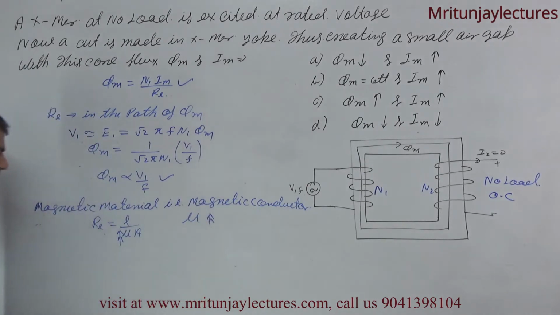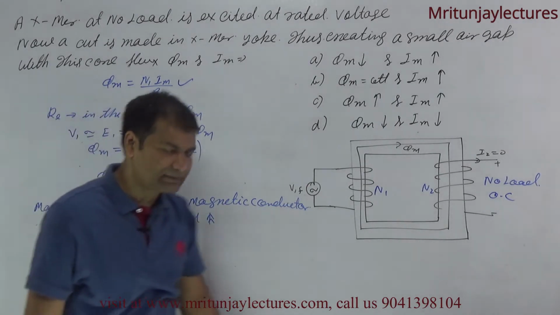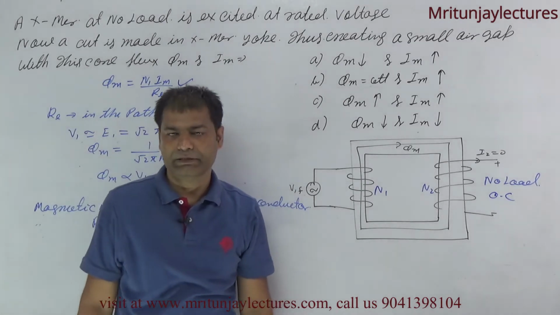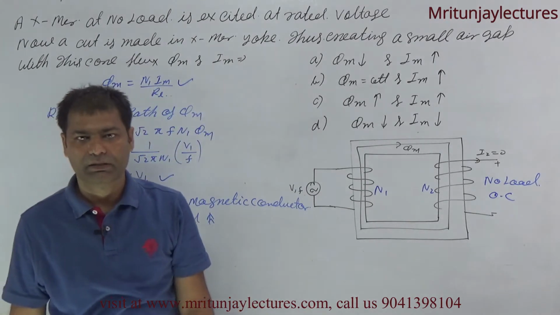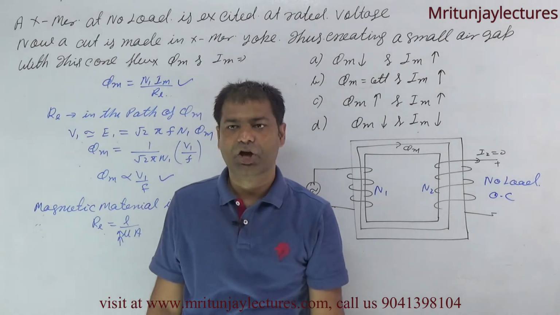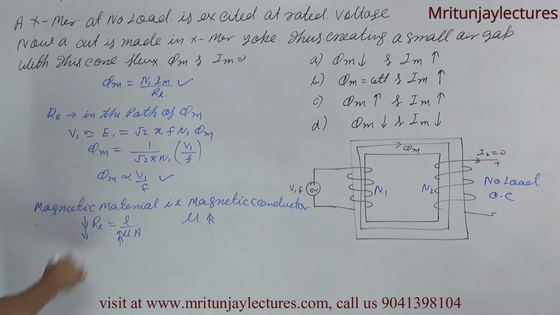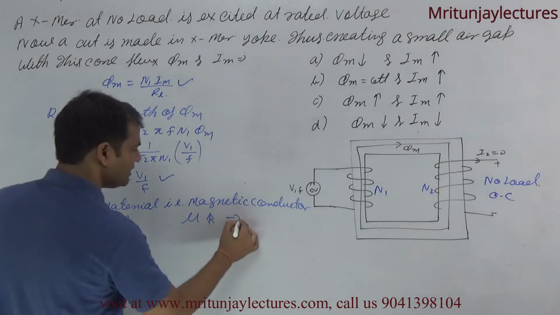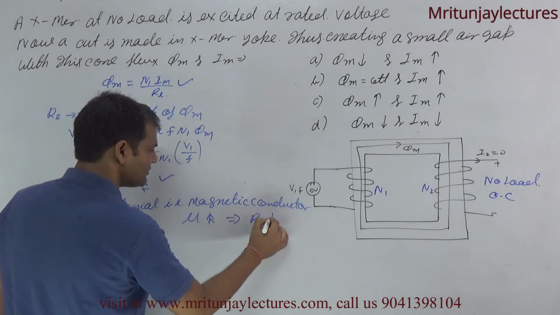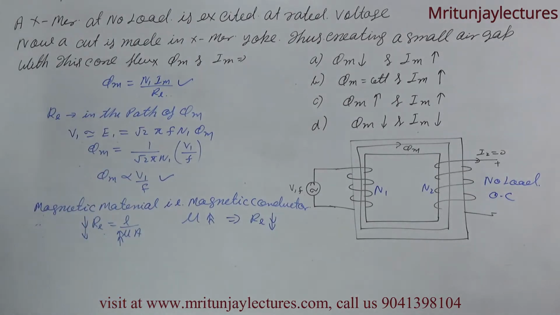If I am saying magnetic material, it means mu is higher. If mu is higher, what about reluctance? Reluctance is low.